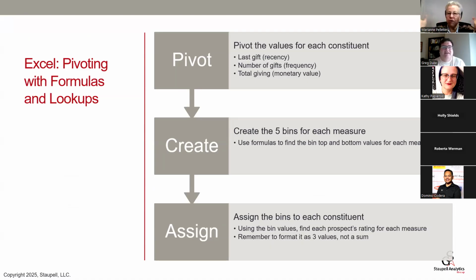Then you're going to figure out the formulas that name the bins. And if you figure out the formulas in a way that they're constantly refreshing, then you're constantly refreshing people's RFM scores. And then you're going to assign those scores to take the bins back using VLOOKUP, which is a skill that Greg will teach you in one of his self-paced classes. I'm warming up for the sales pitch that comes next. You can assign your bins to each constituent.